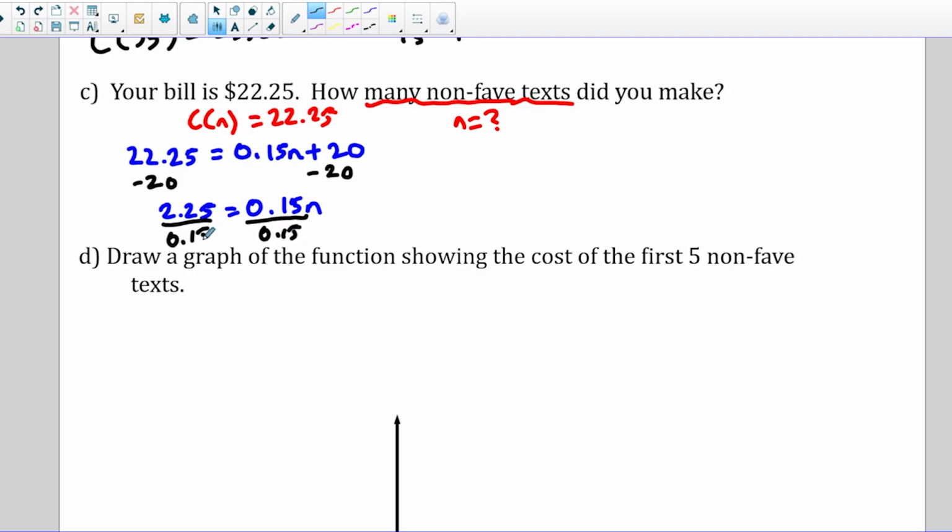I'll get rid of that there. And I will end up with 15 is equal to n. So we can say that you sent 15 texts for a total cost of $22.25.